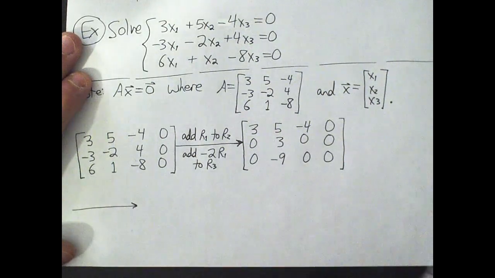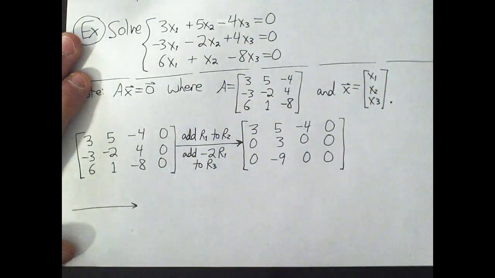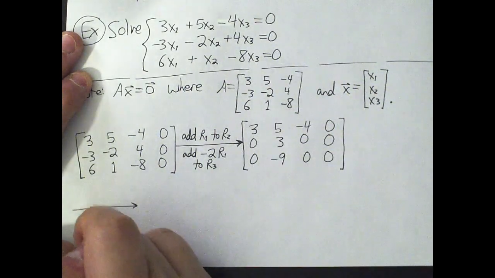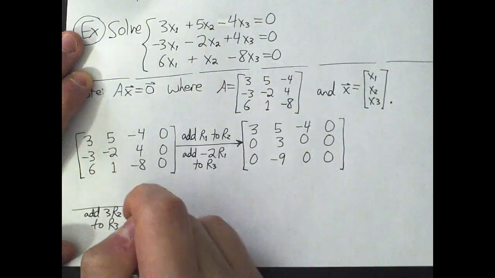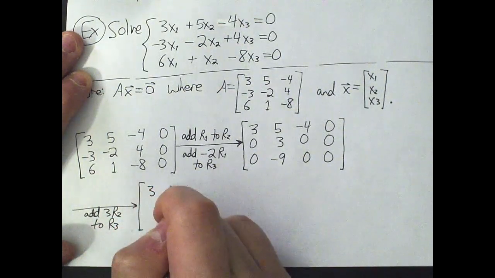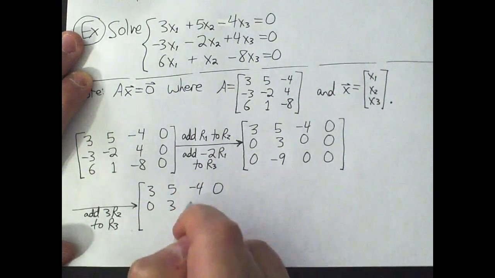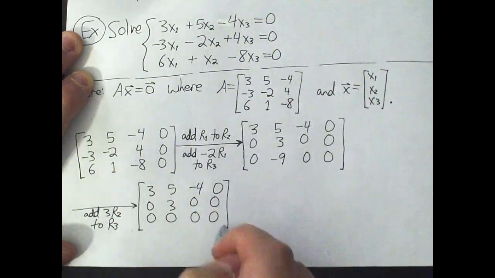I see a 3 and a negative 9, and I'm thinking we could get rid of that negative 9 by adding, watch this, 3R2 to R3. So top row stays the same, row 2 stays the same, row 3 becomes all zeros.